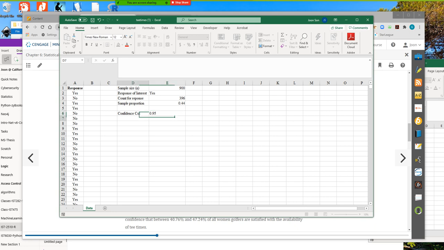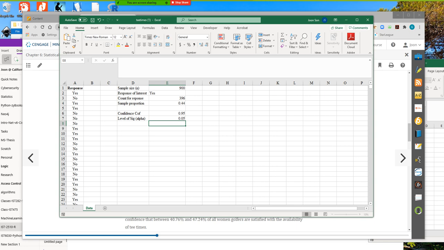And the level of significance, which is alpha, is equal to 1 minus the E6. So that's 0.05.